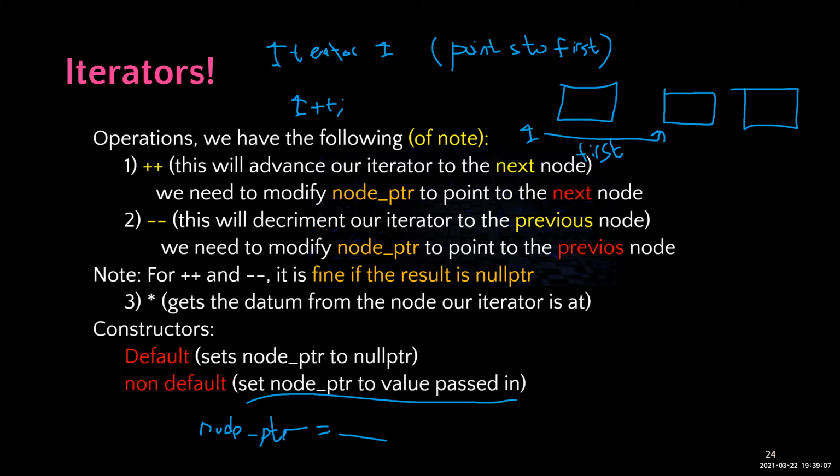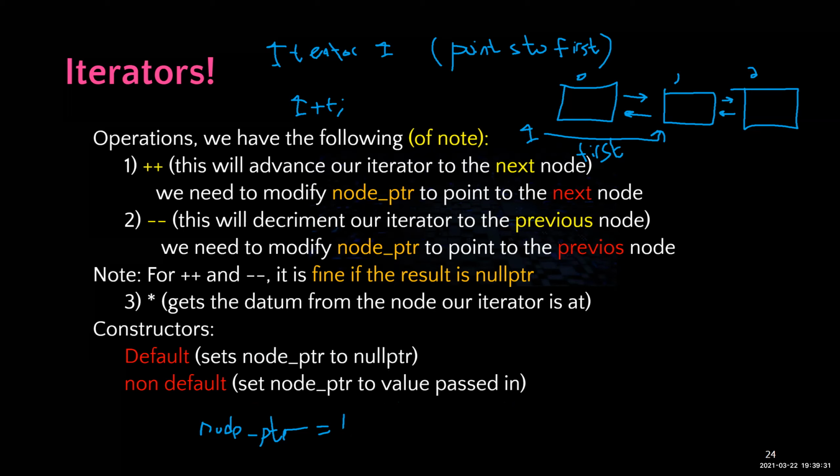So let's say for example, for the non-default, we'll call this node 0, node 1, and node 2. I'll draw the arrows real quick so it's a bit more clear. Let's say I went ahead and I passed in this node, right? If I said, I want node pointer to point to this, we'll call this node 1, I would literally just say node pointer equals 1.